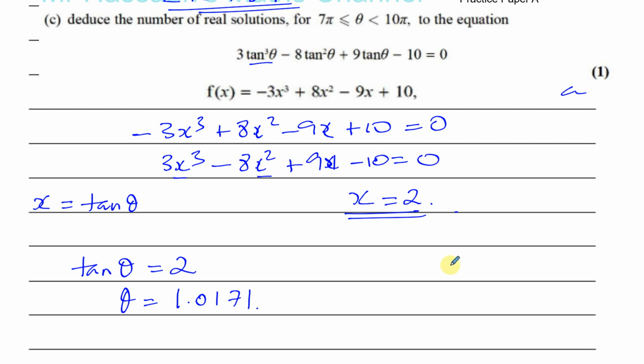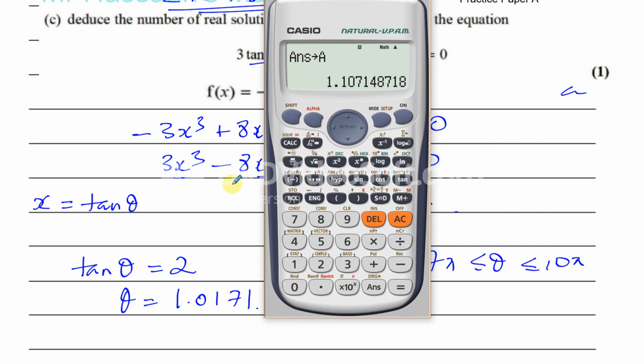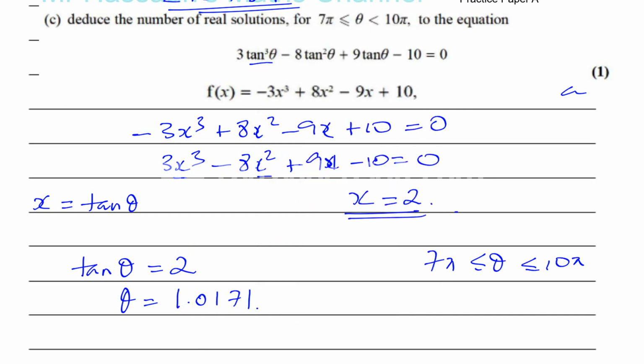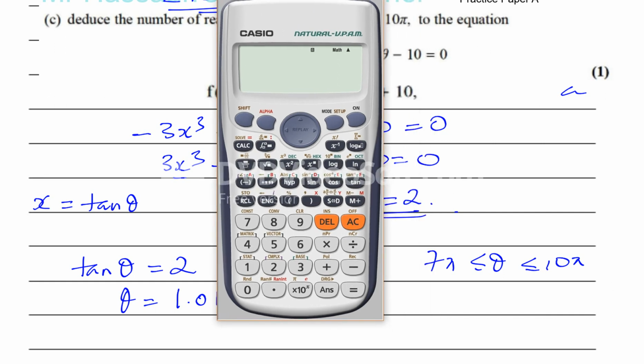We want the range between 7 pi and 10 pi. Now I'm going to write down what those are in terms of decimals, because I don't have this in terms of pi. So let's write down what 7 pi is in terms of decimals. I have to just do 7 times pi. 7 times pi gives me, as a decimal, 21.99.